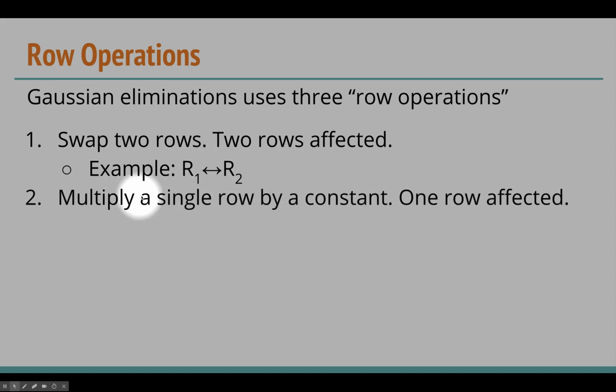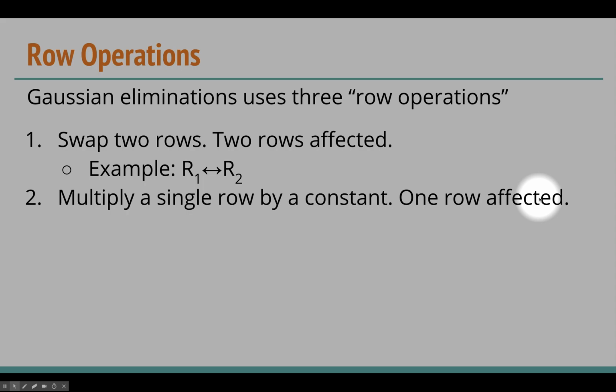The second one is to multiply any row by a non-zero constant. I don't have that typed here, but we should make a note that it's a non-zero constant. And then replace that row with that multiplied row. So in this case, only 1 row is affected.